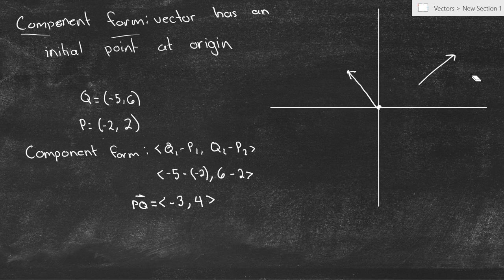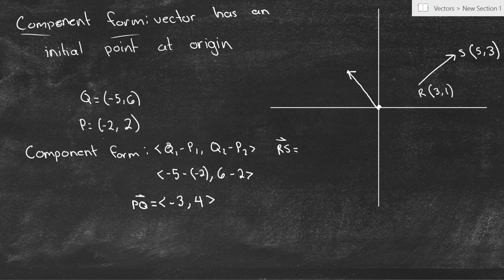Now we could compare it to this vector that we had over here. Let's say this vector had initial point P, which we'll call (3, 1), and terminal point Q, let's say (5, 3). I shouldn't make it PQ because we just did a PQ, so we'll say it's RS. Now what if we want to compare these two vectors? We can get the other vector, RS, in component form, and we find it the same way.